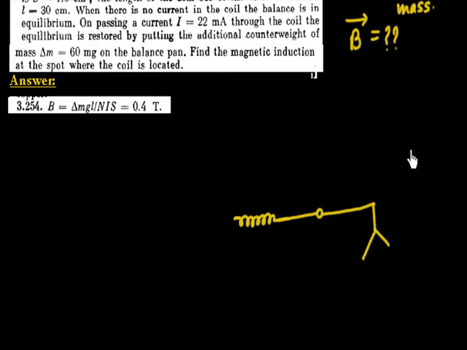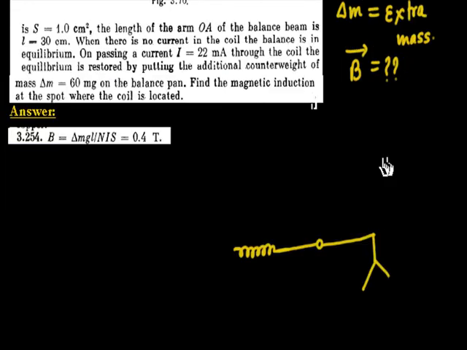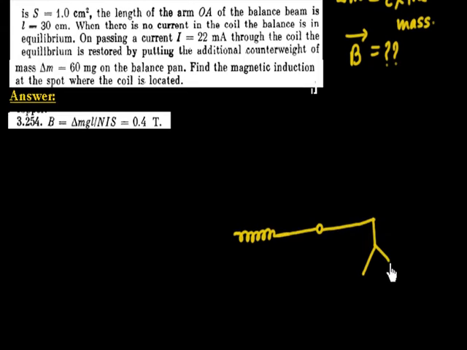Let me see again. Yes, this is the diagram. You put some weight to balance this one, so now it is balanced. Initially the system is balanced. This is your axis about which it can rotate.